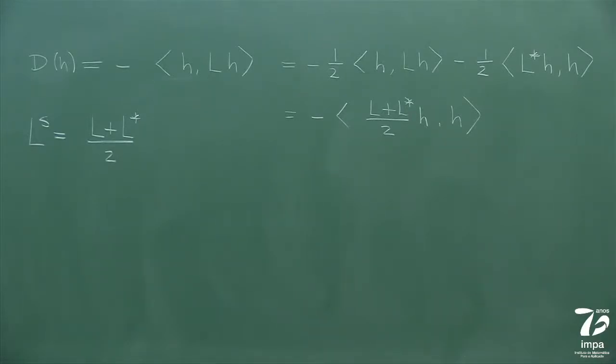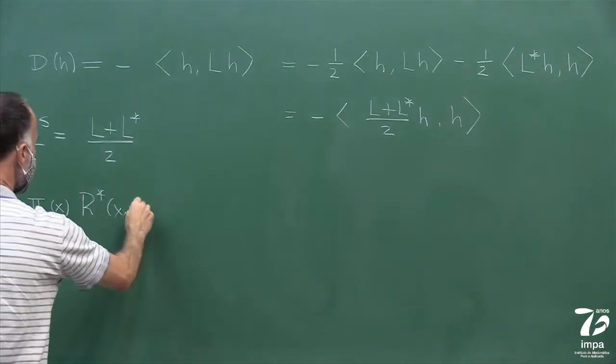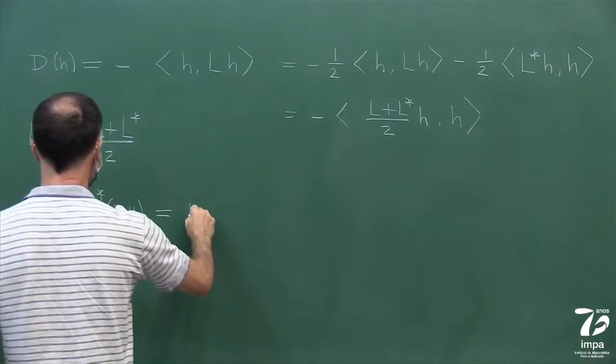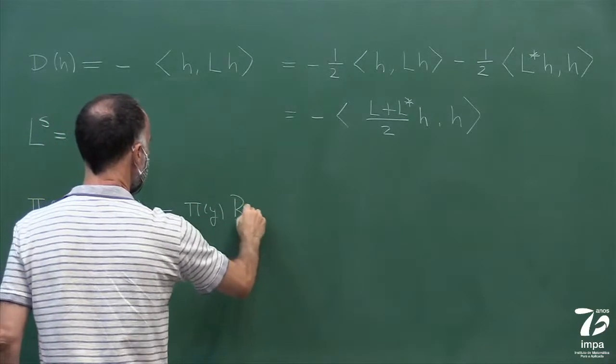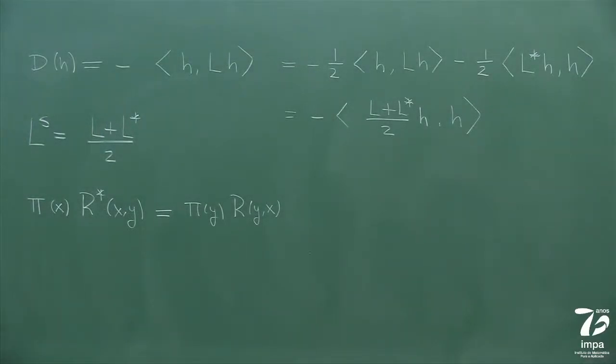So now you have to remember the formula we had for the jump rates of L star. So remember that we have the following formula: pi x r star xy is equal to pi y r yx. This is the formula we derived for the jump rates of the adjoint process.